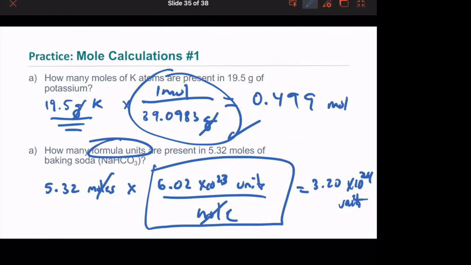And again, anytime you see the word moles, replace it with dozen. And you're asked for how many formula units. Let's just think about the number of particles. If you're given the dozen, and you ask for number of particles, why do you care about the mass of an egg? We're just asked for how many eggs there are.